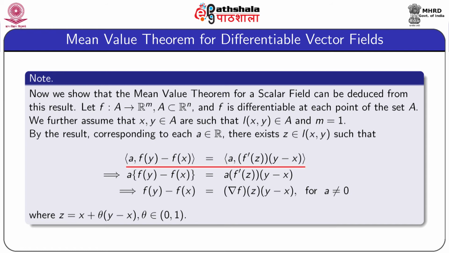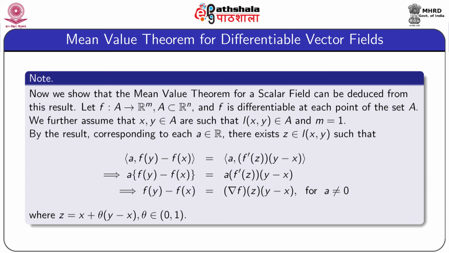y such that the inner product a, f(y) minus f(x) equals the inner product a, f'(z) operating on y minus x. That is, a times (f(y) minus f(x)) equals a times f'(z) operating on y minus x.